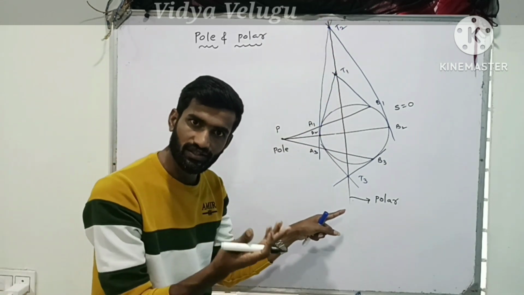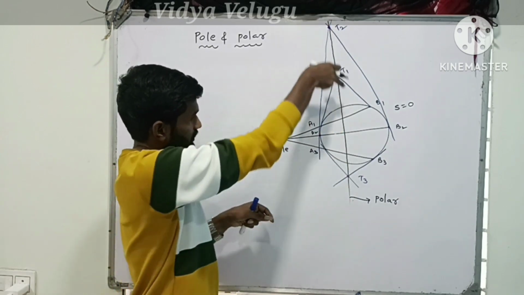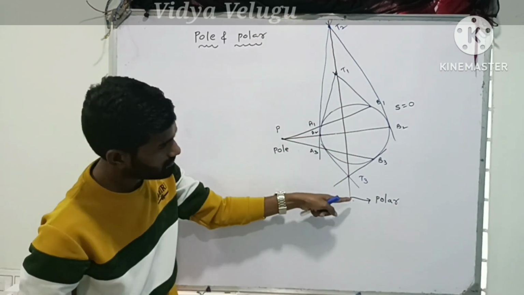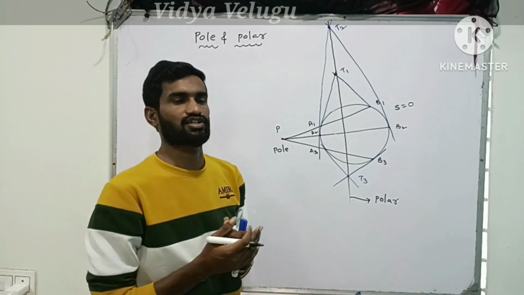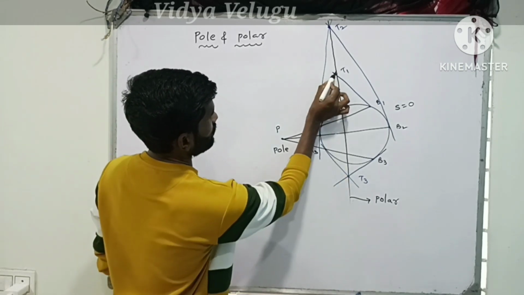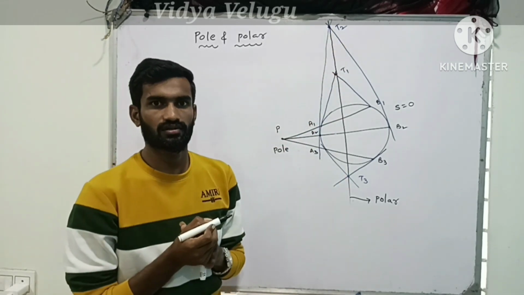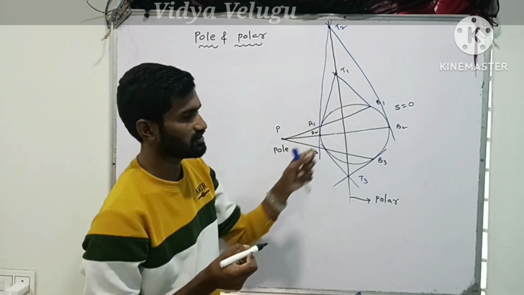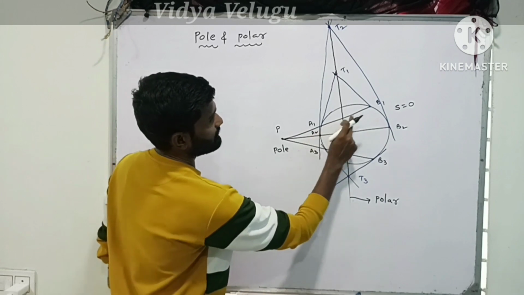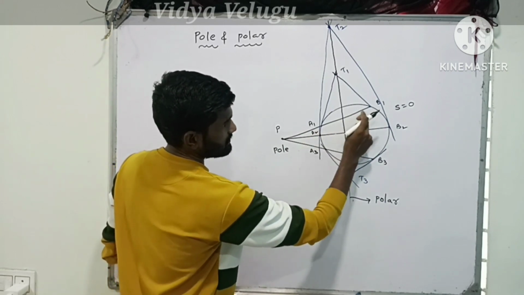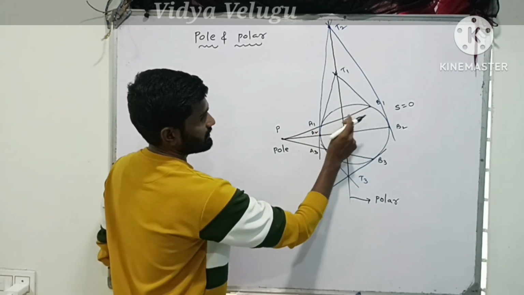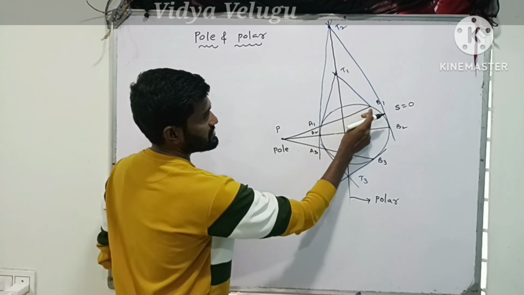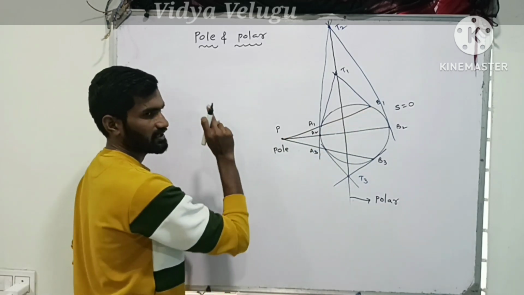This is the locus of the points of intersection of the tangents which are drawn at the extremities of chords passing through P.